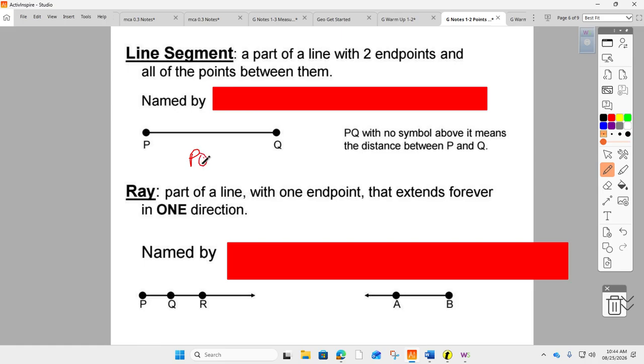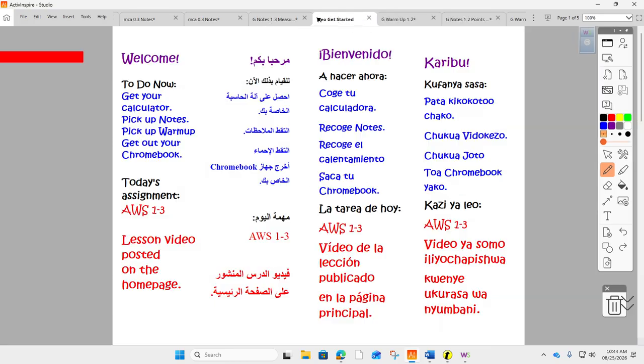You're not writing this, but this is yesterday's note. We said this is segment PQ, but if you write it without that segment symbol, where they're asking the length or the distance between those 2 points, the length of segment PQ or the distance between point P and Q. So Sophia is exactly right. Where do we think we are?